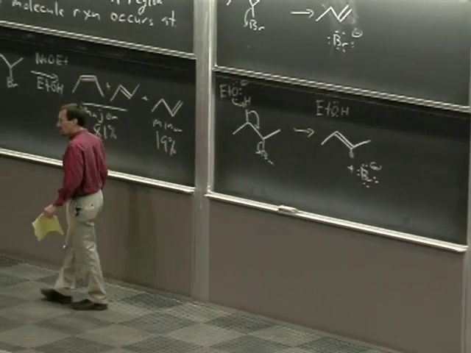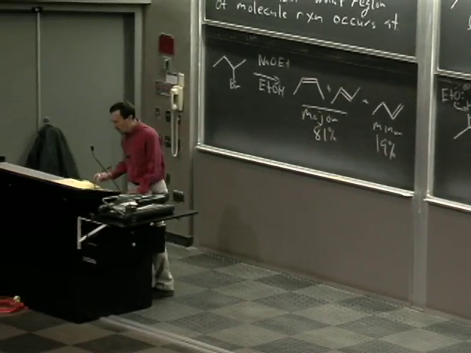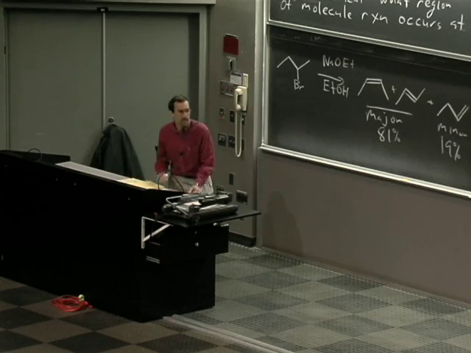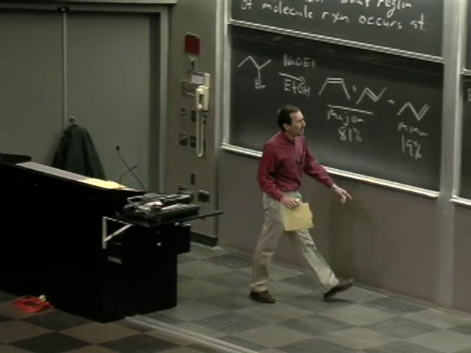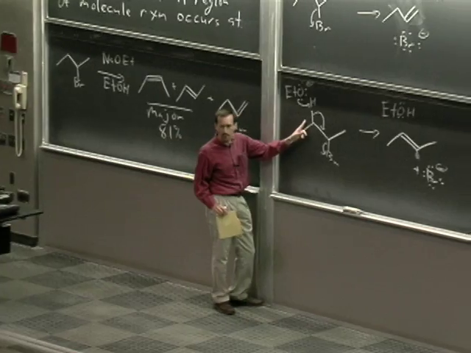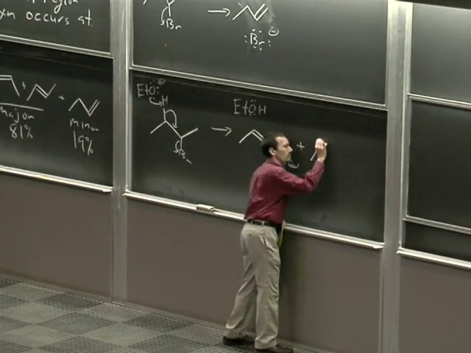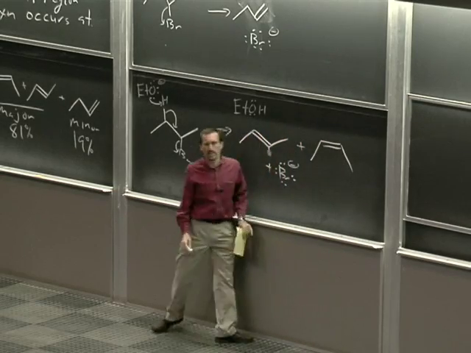So there are a lot of different things going on here, and I'll come to issues of which isomer we get in a moment, and the various issues that are involved depending on whether you pull off 1 proton or another proton. You can get either the trans isomer or the cis isomer.